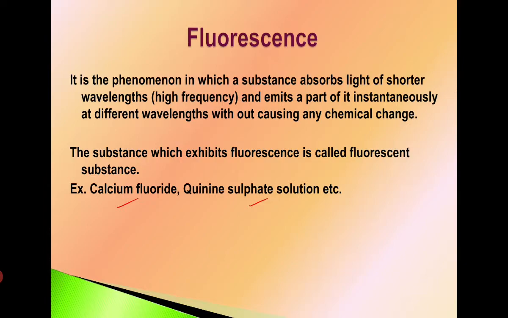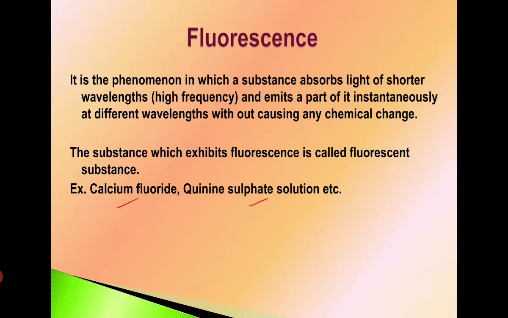What happens here is that the absorption of light energy causes excitation of the electrons present in the substance. The excited electrons jump back immediately to a lower level, emitting a part of the absorbed light in the form of radiations of different wavelengths, and these emitted radiations have a greater wavelength than the absorbed light.